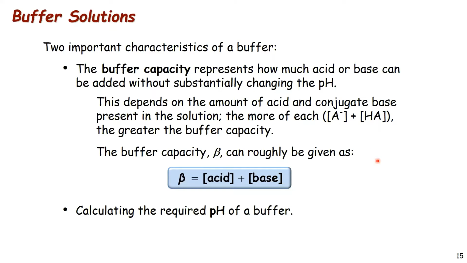Or if we wanted a basic buffer, it's related to the Kb of the base in its conjugate acid. But we're never going to treat it that way. We're always only going to look at the acid itself. Even if it's a base and its conjugate acid, we're only going to look at the conjugate acid. So we're always going to simply relate it to Ka.